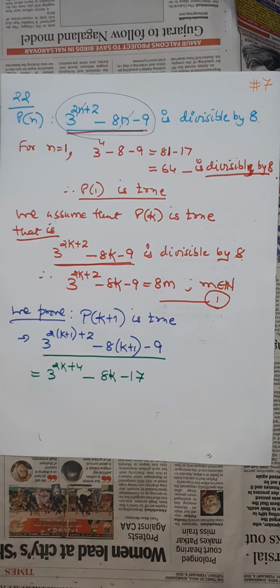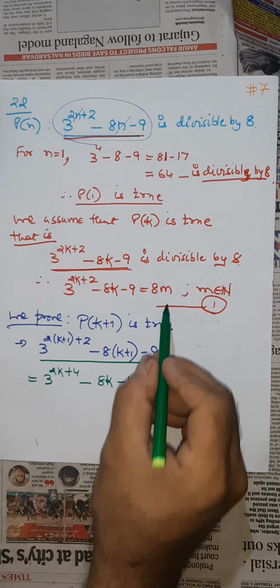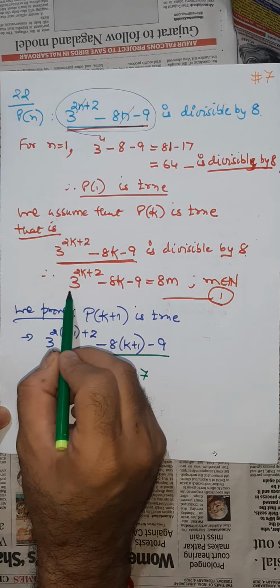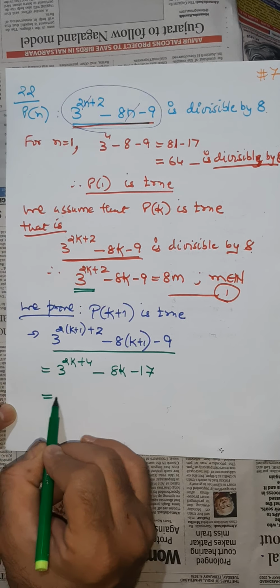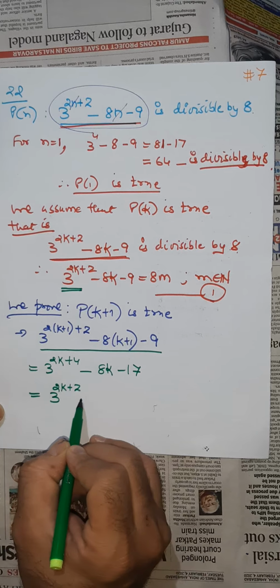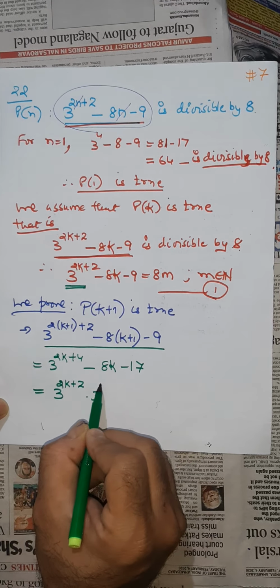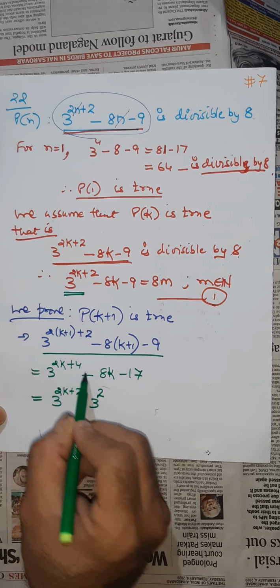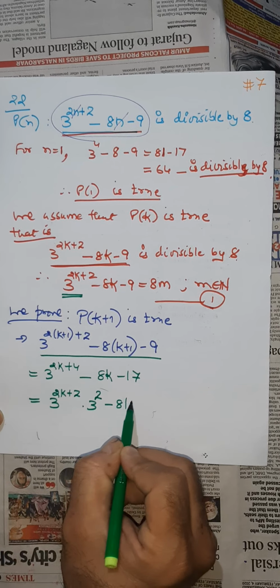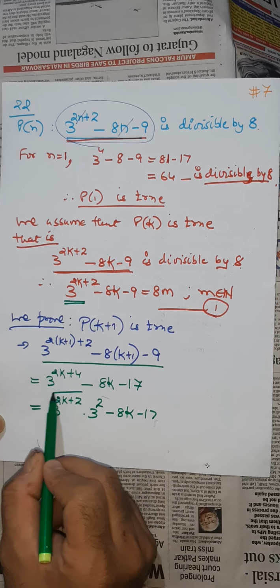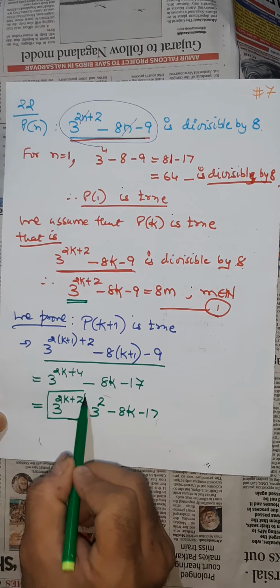Now we need to use equation number 1. So I'll put the value of this much. I'll rewrite in this form: 3 raised to 2k plus 2 into 3 raised to 2. Both the bases are the same, so you can add exponents, and you get exactly this, minus 8k minus 17. Now I'll put the value of this much by 1.